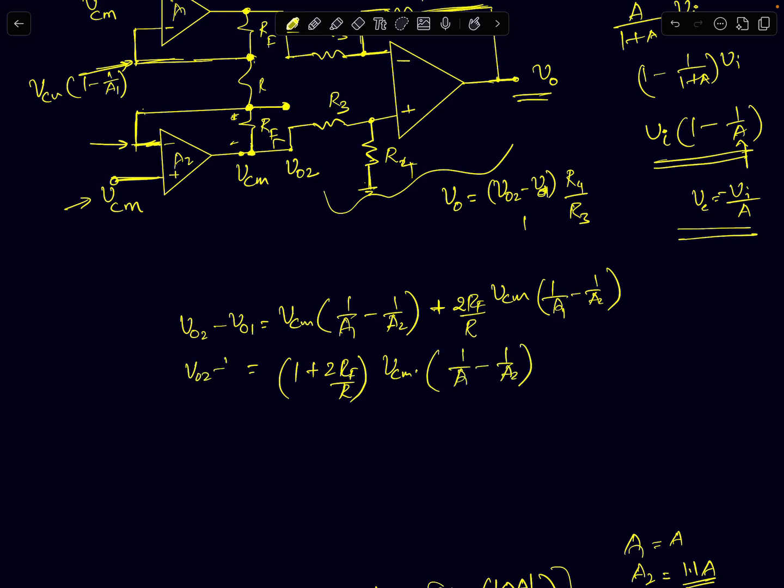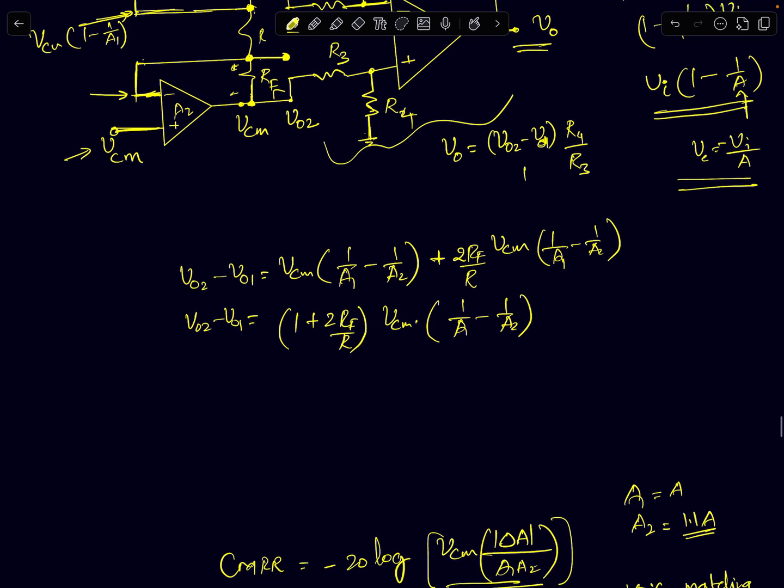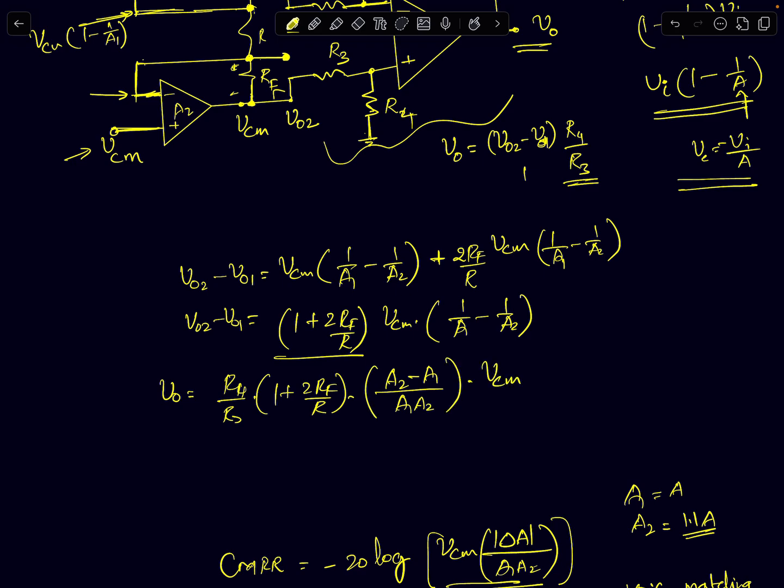That's your VO2 minus VO1. And to compute V0, I multiply this term by R4 by R3, so it is R4 by R3 times 1 plus 2 RF by R, times A2 minus A1 by A1 A2, times VCM. This is your output voltage in the presence of a common mode signal.